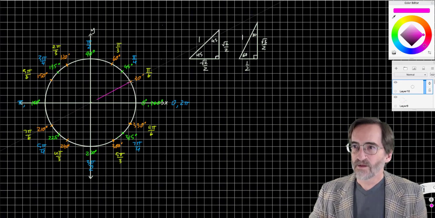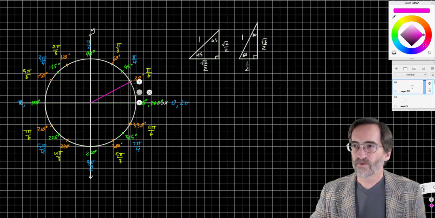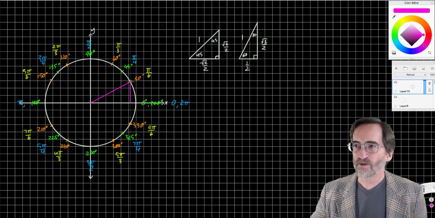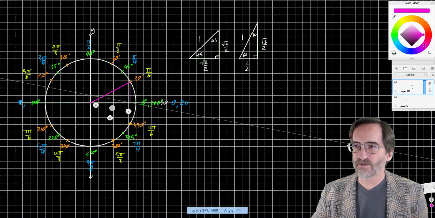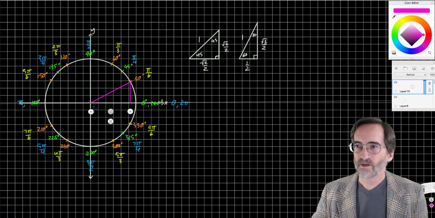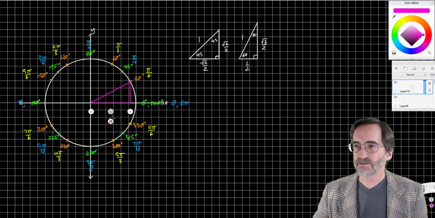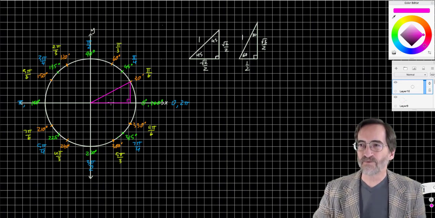Okay. So I draw the unit circle at 30 degrees. I draw a radius at 30 degrees. Now remember the radius is 1. And remember this is also pi over 6, so we're going to think in radians. So the angle is pi over 6.